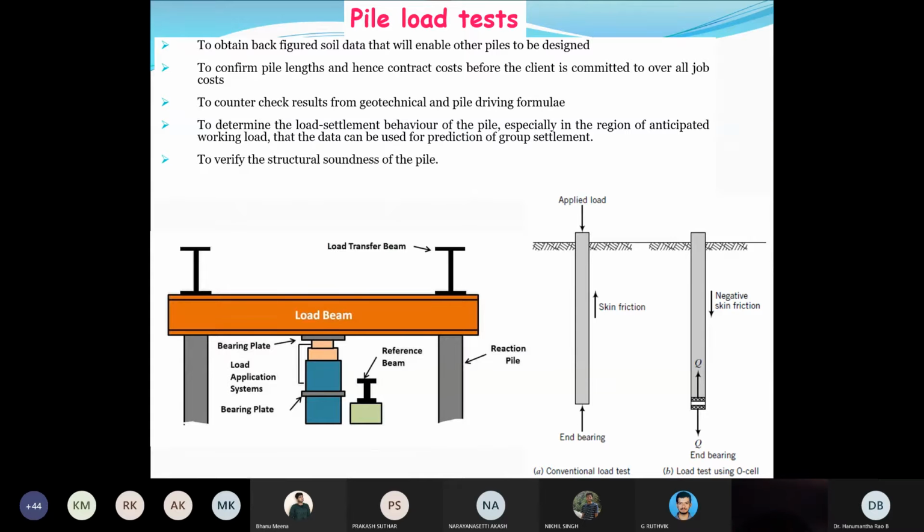If you Google poor structural soundness, you will get enough case studies where you can see how bad the performance of concreting can be. There are some challenges also. Just try to imagine if you are asked to construct a pile having a length of 30 meters, how do you pour the concrete from the ground surface to a depth of 30 meters?